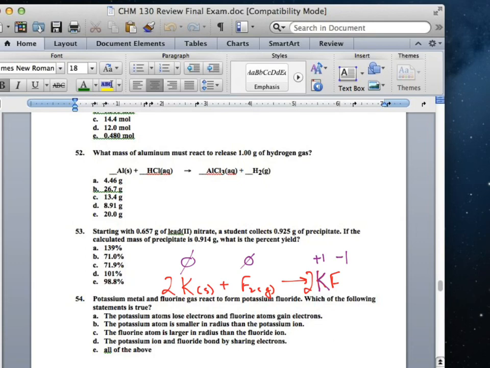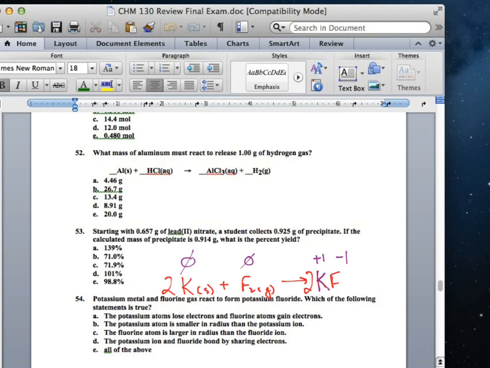Negative 1. Okay. What happened to the potassium to go from potassium 0 to potassium +1? It lost electrons. What happened to the fluorine? Gained electrons. So A starts to sound reasonable. Potassium atom is smaller in radius than potassium ion. Yeah, I really don't like this question. This question goes all over the place.